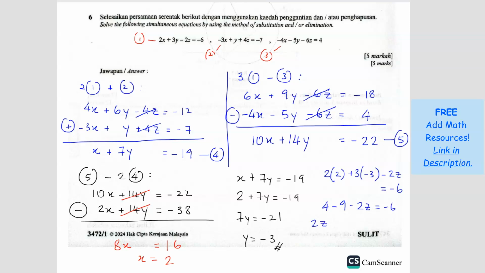So 2z equals 4 minus 9 plus 6, which equals 1. So z equals 1 over 2.